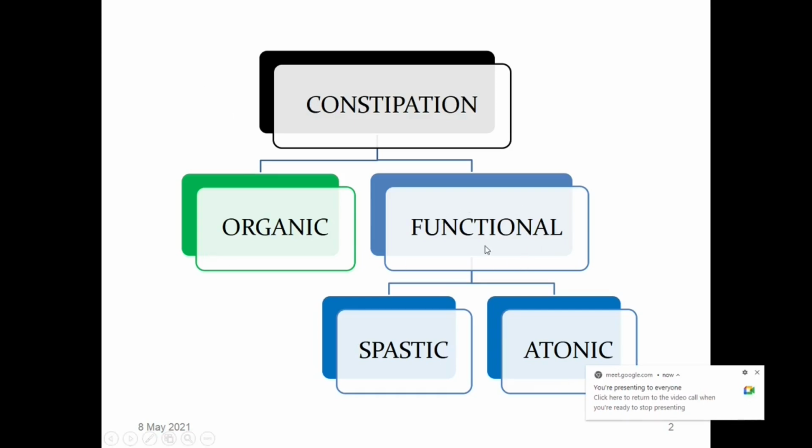Now, functional, as it is mainly psychological, can be classified into two categories: one is spastic and one is atonic. Spastic we can define as follows. You all know that our whole GIT, starting from the esophagus up to the rectum, has one regular peristaltic movement. As a result, there is easy evacuation of our GIT.